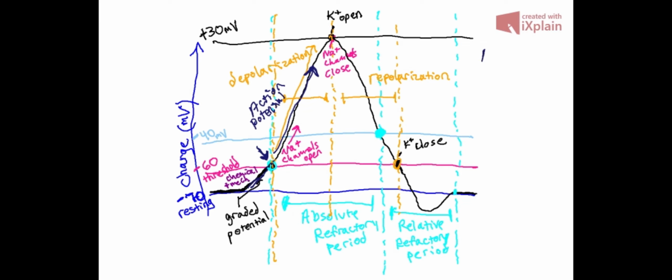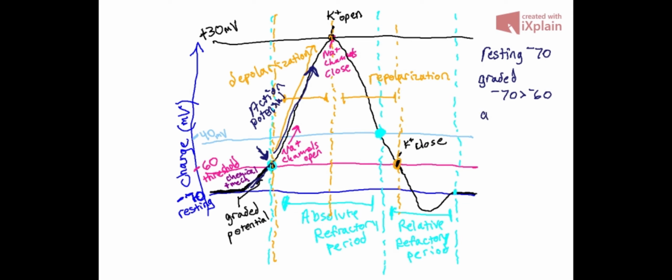So resting potential is negative 70. A graded potential is greater than negative 70 but less than negative 60.